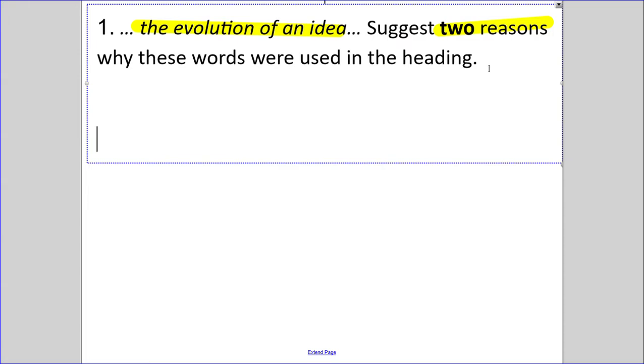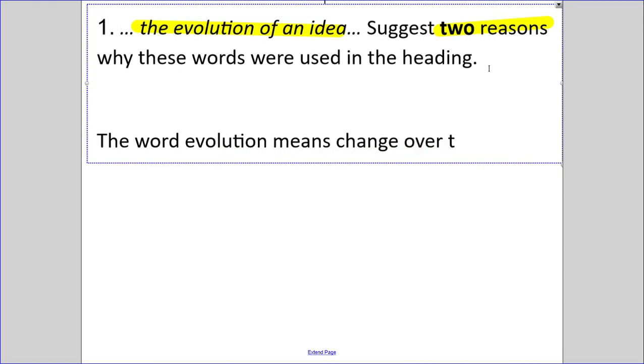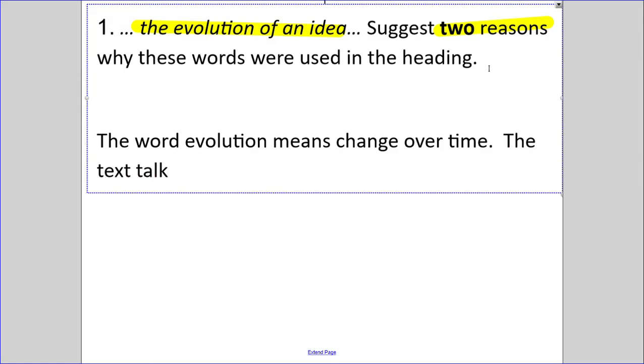First of all, it's telling us about evolution of animals, about how Darwin noticed that there were little changes from animal to animal, from island to island, and that these had happened over time. So the word evolution means change over time. The text talks about animals changing over time.